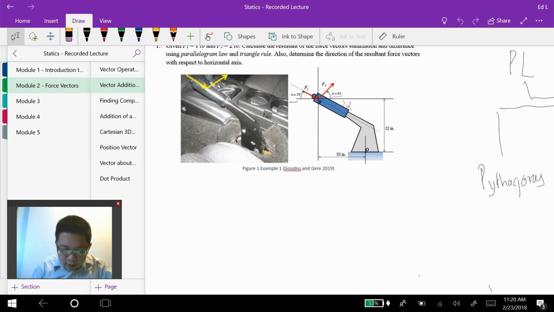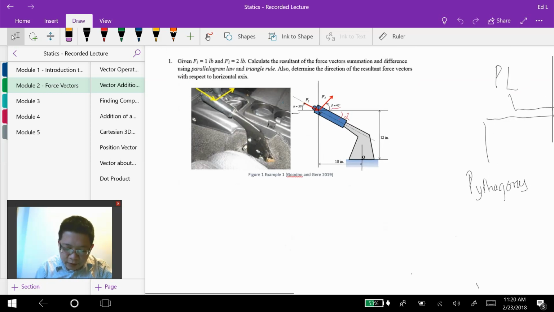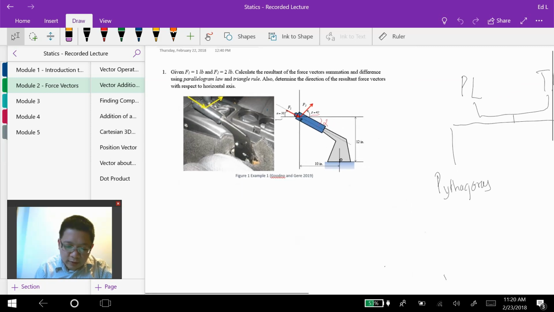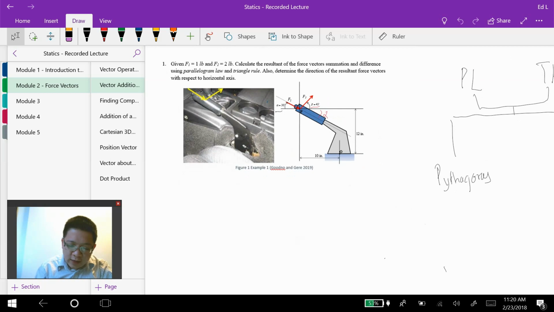Okay, so in solving engineering problems, it's always a good idea to first sketch what information is given. So in here we know that force F1 is equal to 1 pound, force F2 is equal to 2 pound, right?